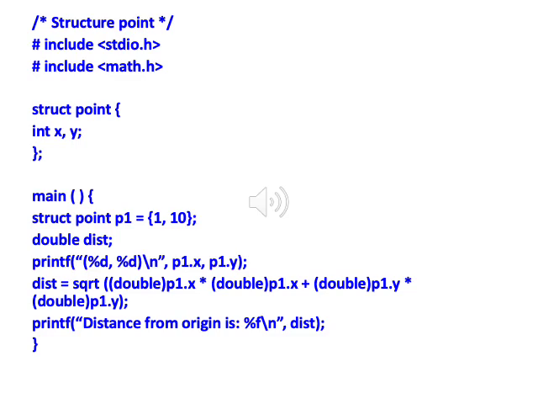We are initializing it with the x and y values. We are printing those x and y values for p1, and then the next thing we're doing is some mathematical calculation, the distance of this point p1 from the origin, and finally we are printing that distance.